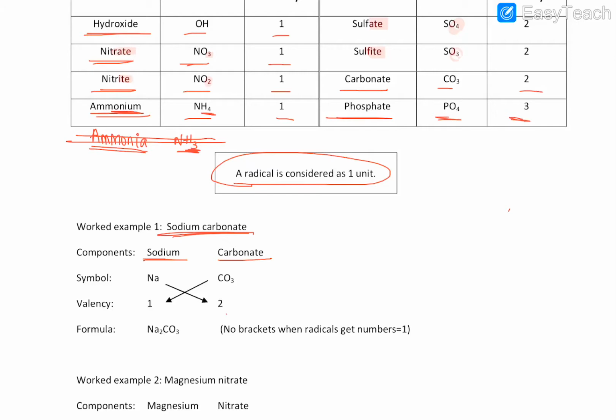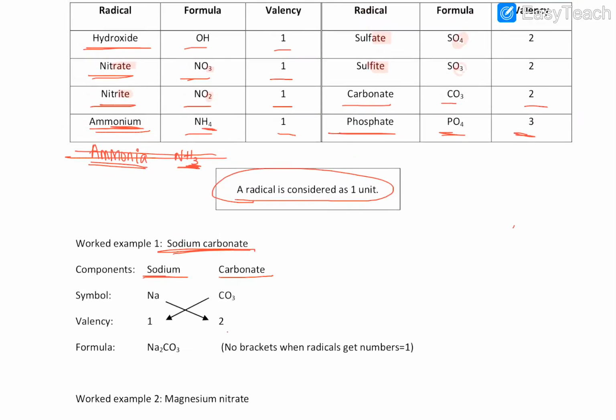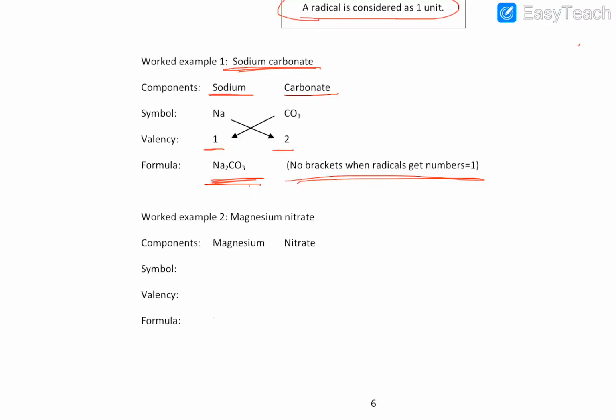So you cross multiply. So you end up with Na2CO3. So sodium now gets 2 and carbonate gets 1. I'm not including any brackets here, but when the radical is going to get a number which is greater than 1, then we will need to include brackets.